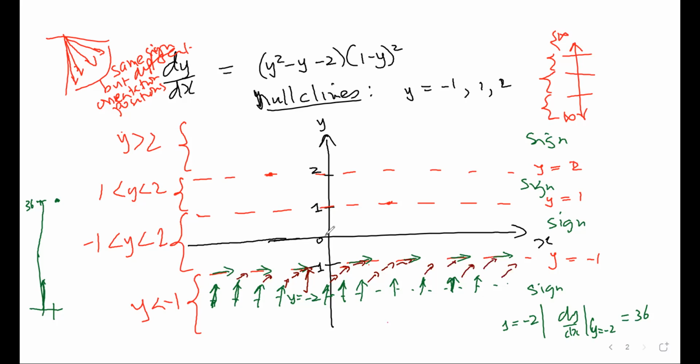So we come here between 1 and minus 1. So we choose y equals 0. Basically, we want to know what is happening along this line, y equals 0. If you put y equals 0 in there, you get minus 2 times 1. So dy/dx at y equals 0 is actually minus 2.